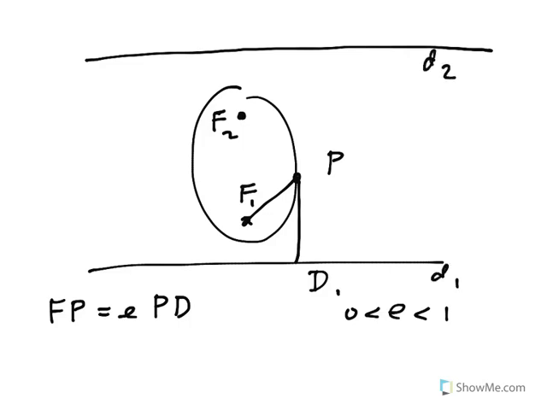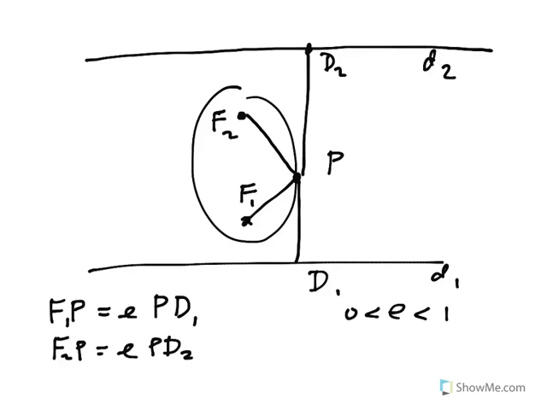This is like the other directrix. Well, it will still be true that FP is E times PD, but this time I'll call this D2. So let's say F2P equals E times PD2. And since I now have 1s and 2s, let's go like that also.